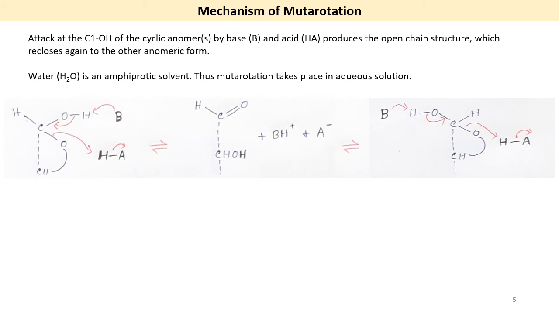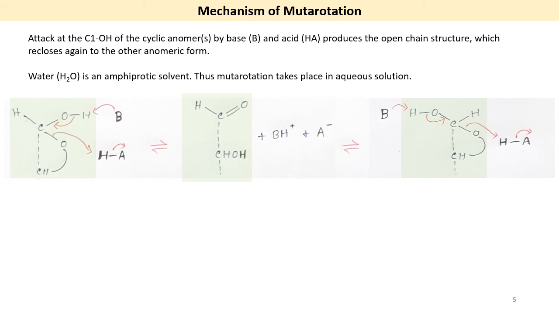So if you look at this example, B is the base and HA is the acid. The base can abstract the hydrogen of the hydroxyl group at C1, that is the anomeric carbon, which will lead to formation of the open chain form, and it will again reclose back to the other anomeric form, this anomeric form, right?